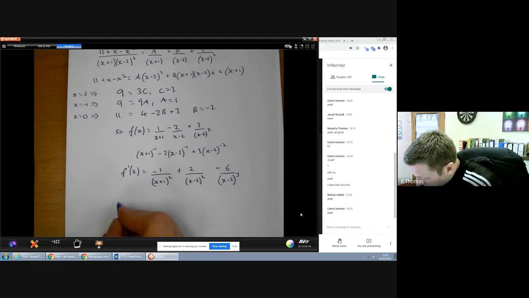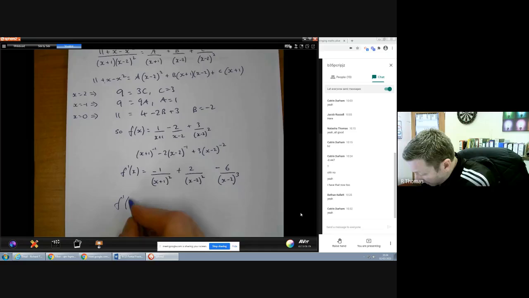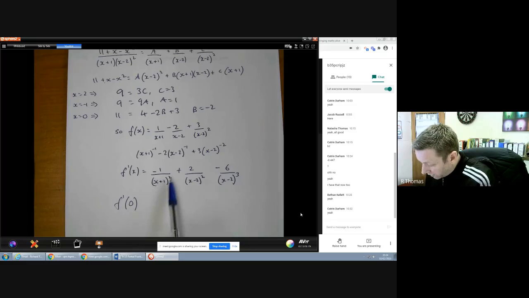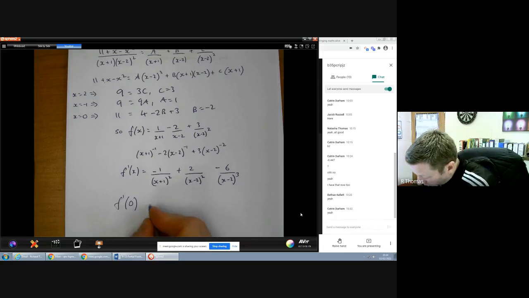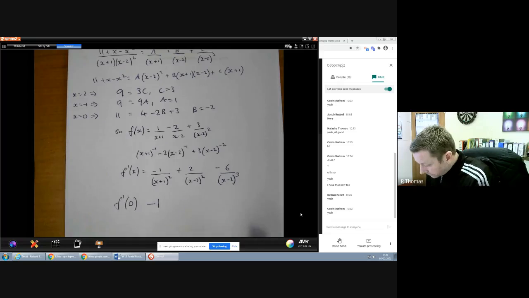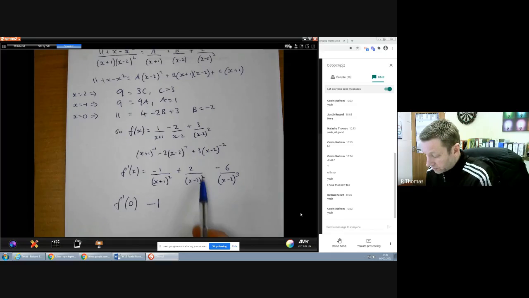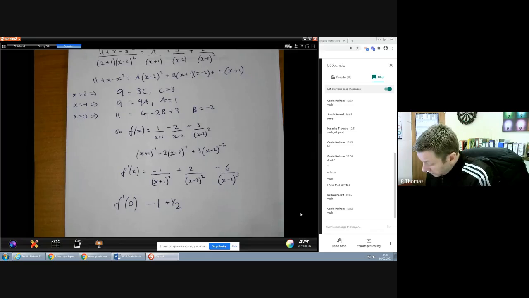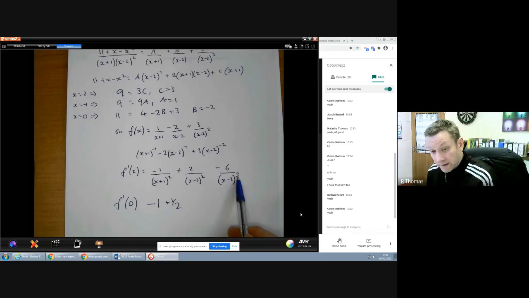The last thing I then need to do, it asks me to find f dash of 0. So I'm sure we can do this in our head, right? There's -1 over 1 squared. That's -1. -2 squared is 4. So that's +2 over 4, which is +1/2. -2 cubed is -8.